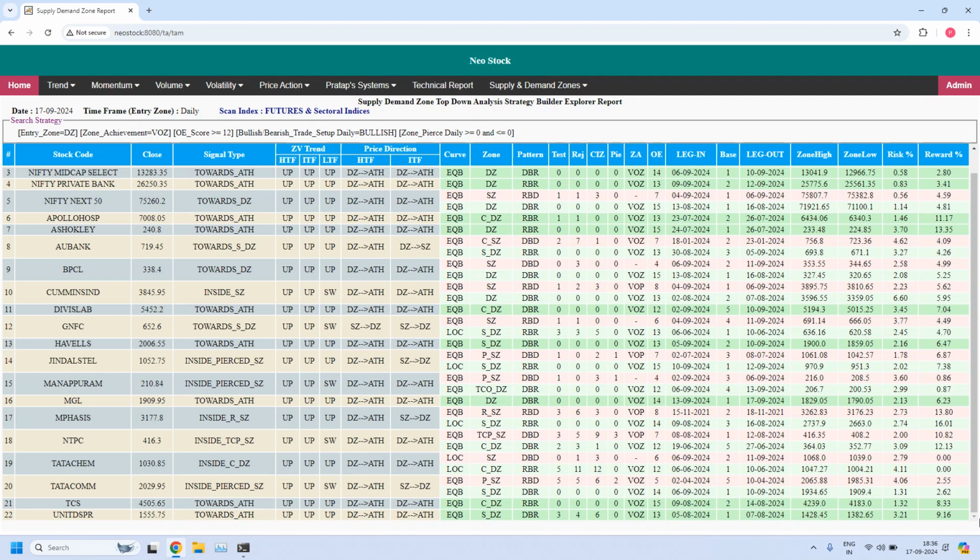Now how many of these stocks are having confluence with ITF time frame? LTF is a daily, ITF is a weekly. So zone confluence means daily zone should be part of the weekly zone. Let's verify.